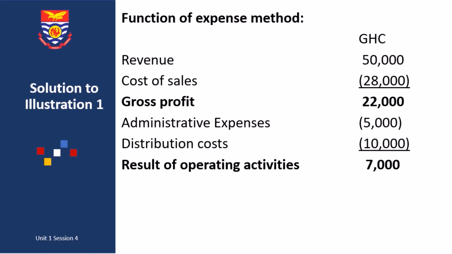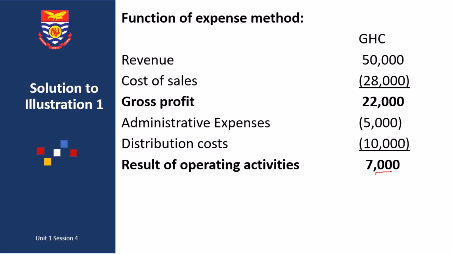So we take these two expenses, the administrative expense and distributive expense, from the gross profit, which will give us the result of operating activities to be 7,000. So this is what we are getting as the operating activities.